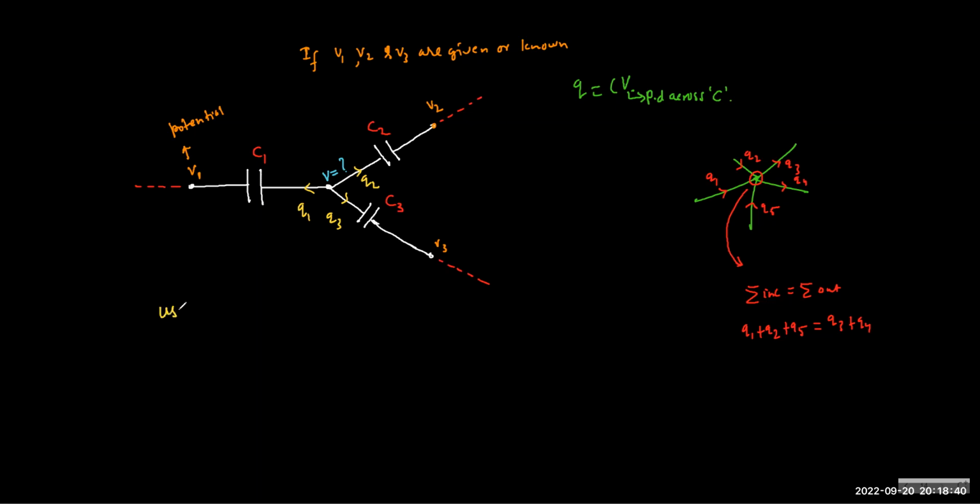So using KCL at the junction, can we write Q1 plus Q3 equals 0? Because we don't have any incoming, right? And now we are going to invoke this relation, Q equals CV. So what is Q1 representing? The charge which has flown across C1, which means the charge which is stored on the first capacitor. That is also a way of thinking.